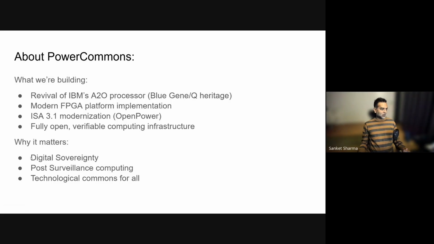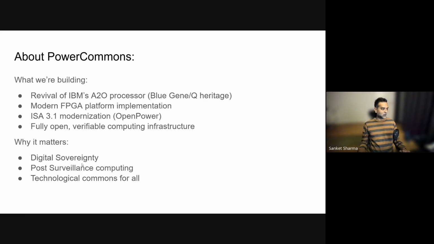The reason we want to do this is, obviously, digital sovereignty: having control, visibility and transparency, not so much from a government perspective, but also a lot from a citizen perspective. We want to see what devices we use and make sure that they are not collecting any data and cannot be controlled remotely.